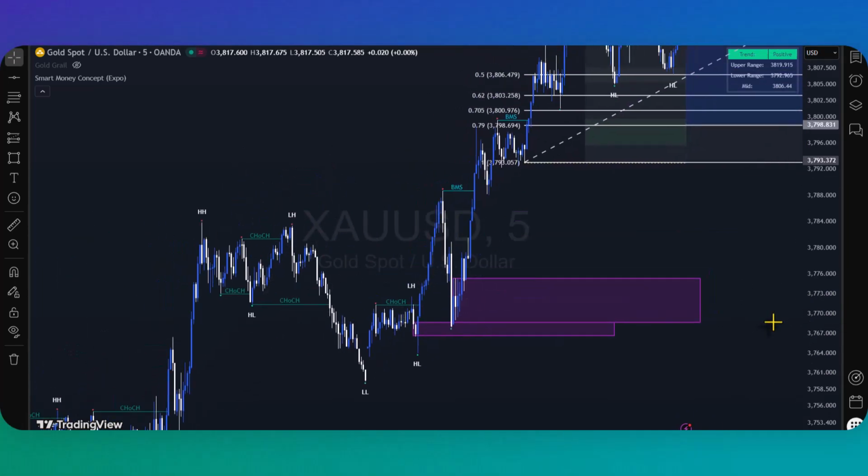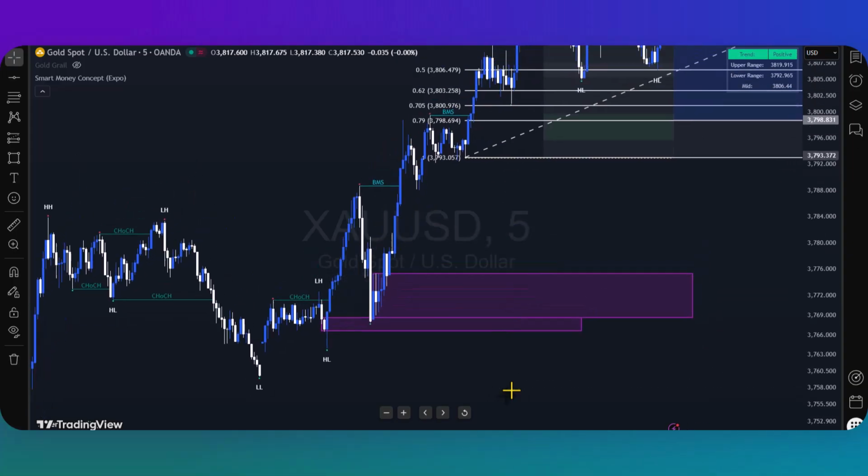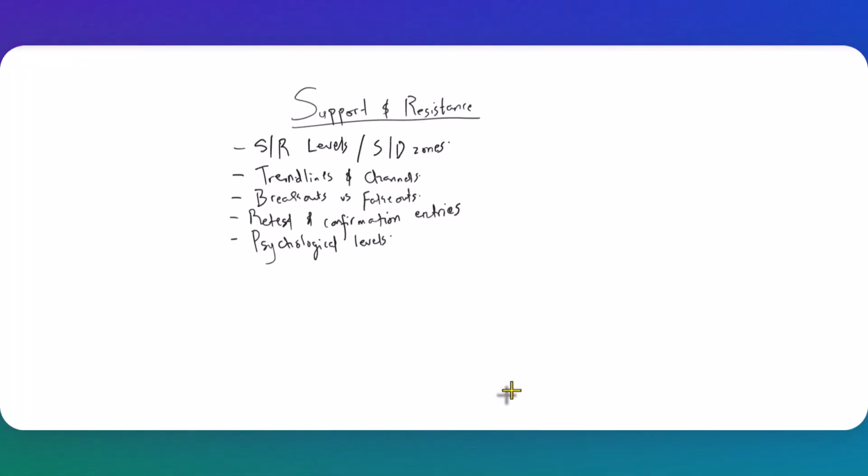These are demand zones. Now, to know if it's a demand or a supply, there's something we call rally base rally. Let me go to the whiteboard so that I can explain. Some of these concepts might be complex, but just listen closely and you will understand it as much as possible.